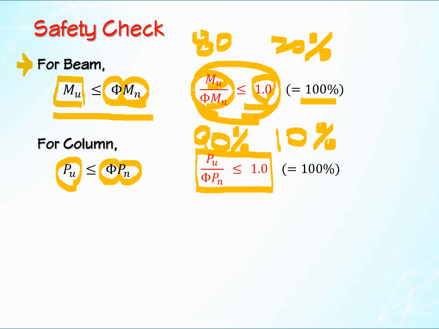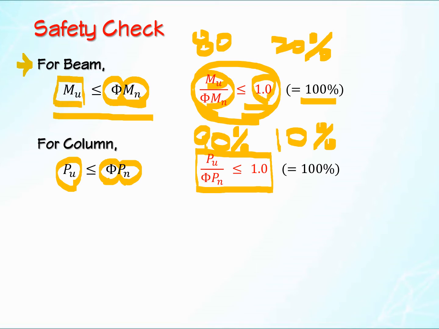If your safety margin is smaller, then you are using your material very effectively, so that if your ratio here is somewhere around 95% to 99%, then your design is very effective. If your ratio is like 50% or 60%, then it's safe, but it is not an economical design.